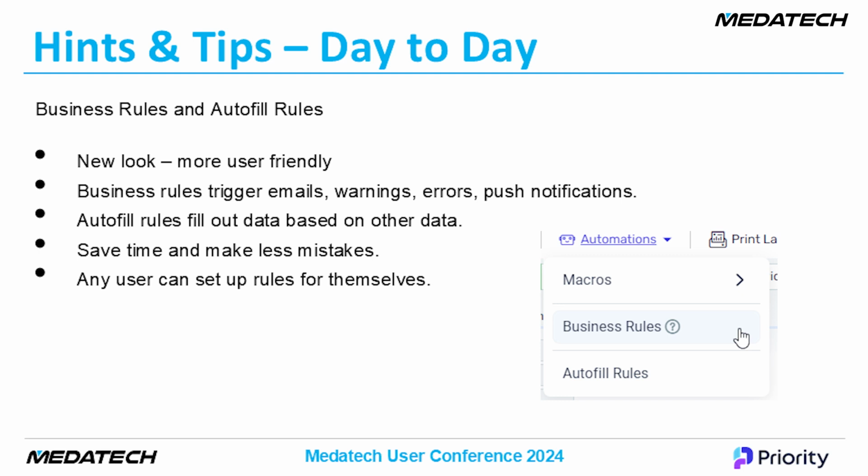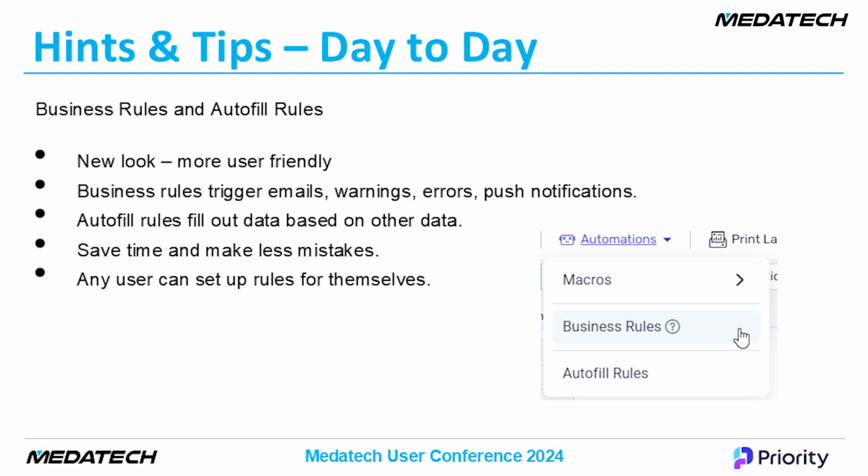At the moment, business rules allow you to trigger emails, warning messages, and push notifications, even on the mobile app. They can even be linked to webhooks, and they can alert you based on data that gets entered into the system. Autofill rules are just as they're described.